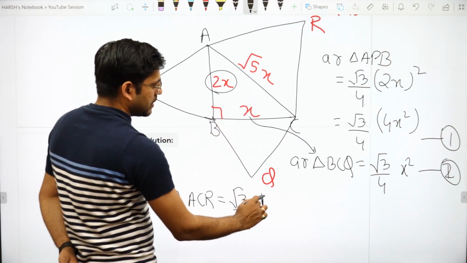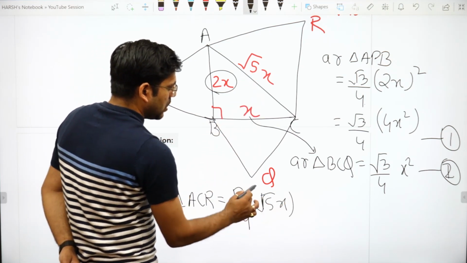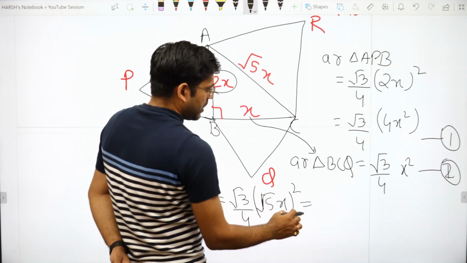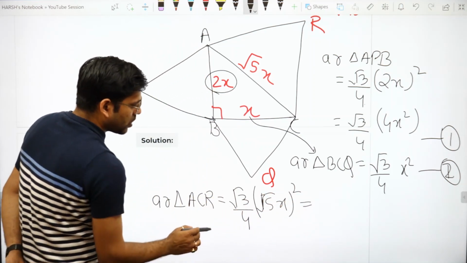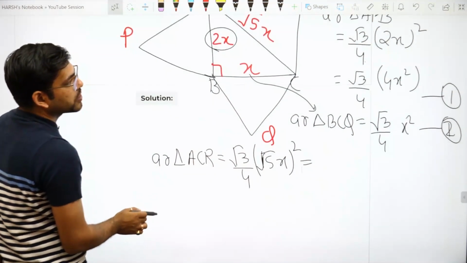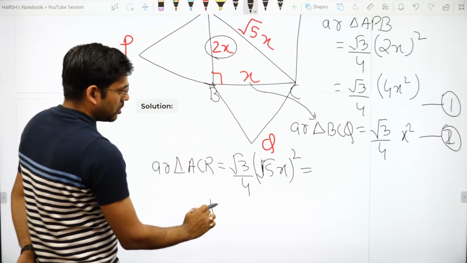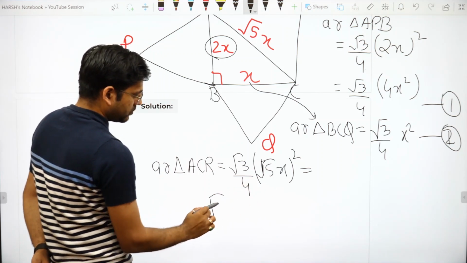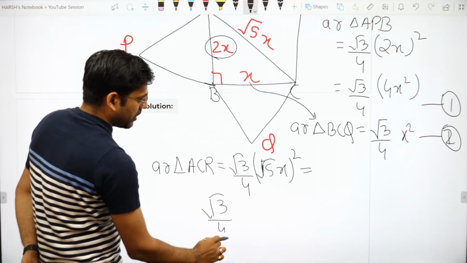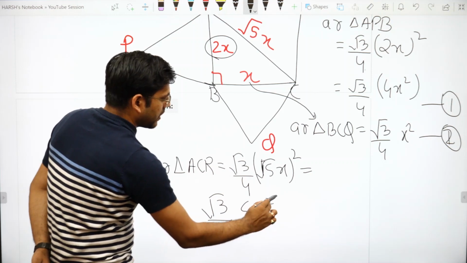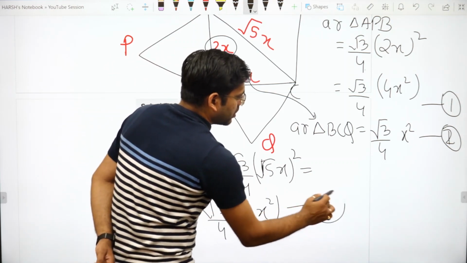So the side is root 5x whole square. If I solve this, then what I will be getting is root 3 by 4 into 5x square. Let us assume this as the third.